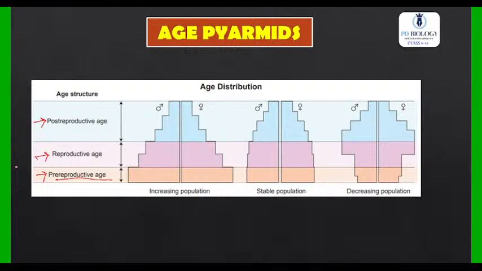So the age pyramid, so this one, the increasing population. This is the stable population. This one expanding.